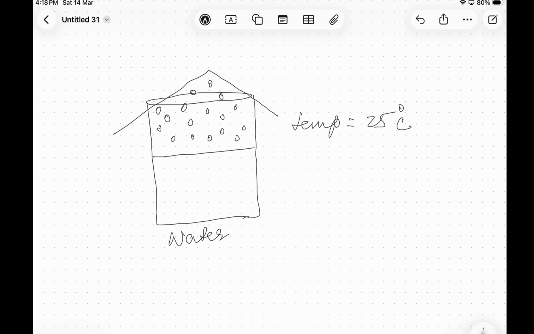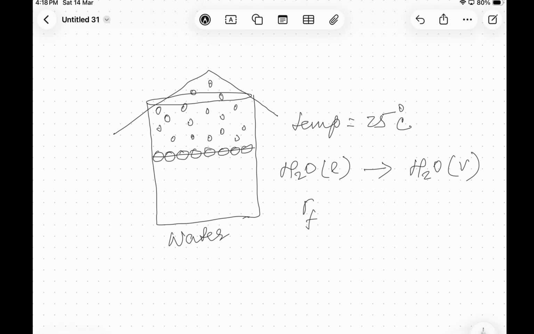Molecules from the surface of liquid started to escape into vapor stage. The process is evaporation. This is the rate of forward reaction.